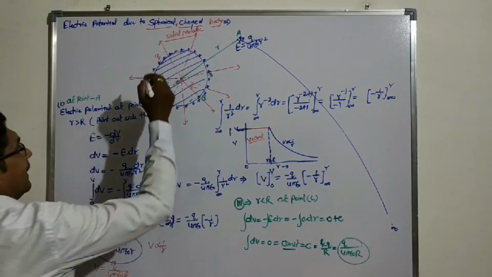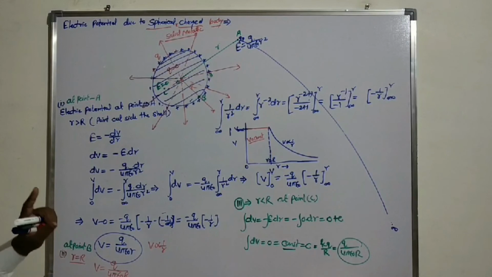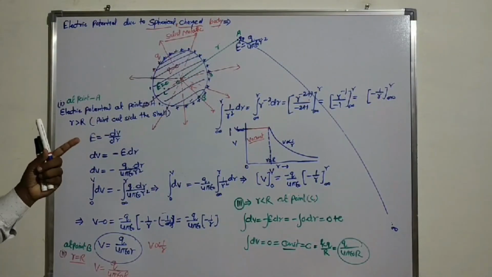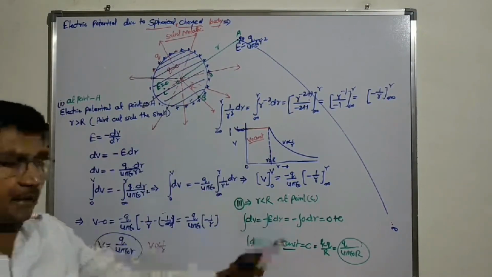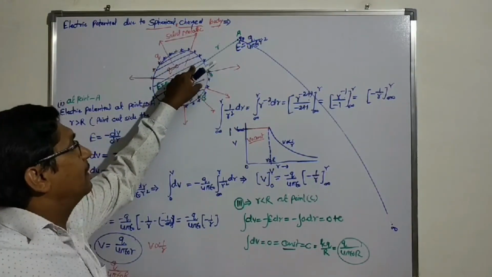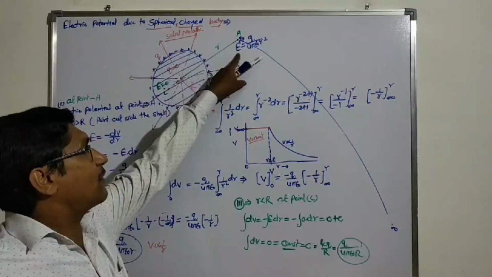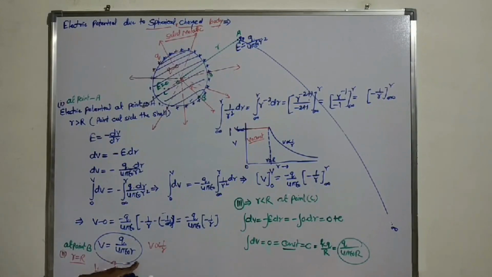Then we can say the net charge inside the solid conducting metallic sphere is 0. The expression of electric potential is just equivalent to these three cases. Outside the solid sphere, the expression of the electric field is E, and at the surface this is equal to the electric potential of the spherical shell.